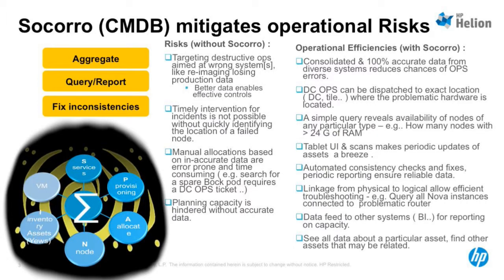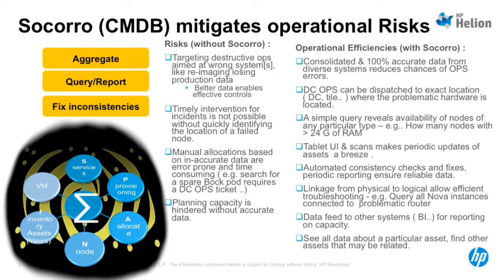And consolidating all this data into a single non-relational database ensures that the data is 100% accurate and syncs up, and it ensures that if you have a data center operations team, they can be dispatched to the exact location where there is a problem.